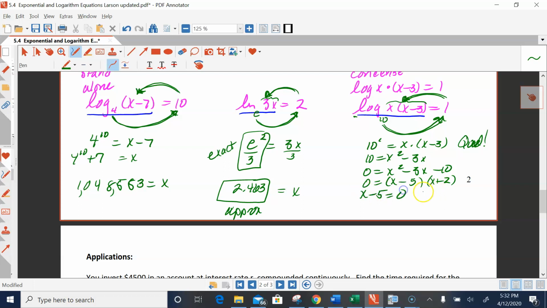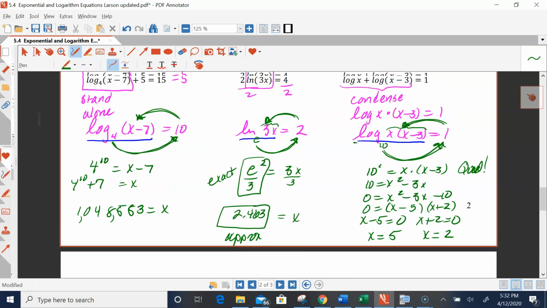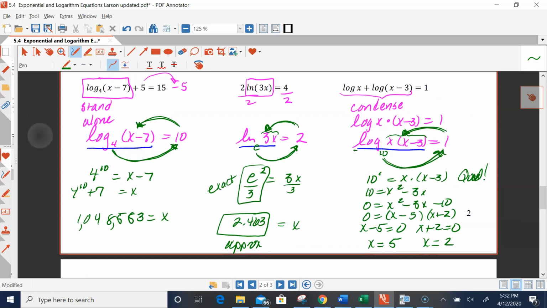Set equal to 0. And we get 2 solutions. But we have to check them. We have to check them back into the original problem. And I made a mistake because that's a negative 2. So x equals 5, x equals negative 2.